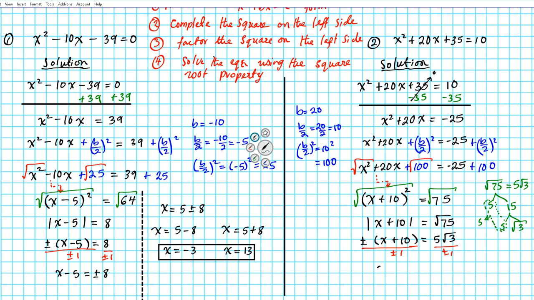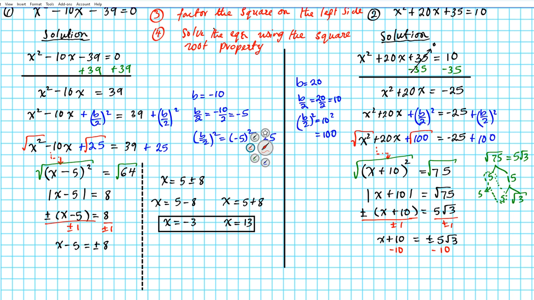So you have x plus 10 is equal to plus or minus 5 root 3. And then the last step, you subtract 10 from both sides of the equation. Subtract 10, subtract 10. And that is going to give us our final answer.